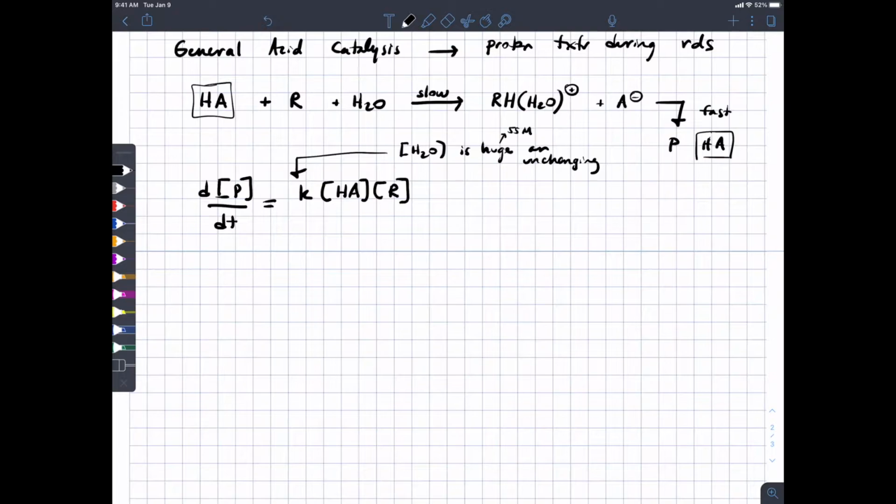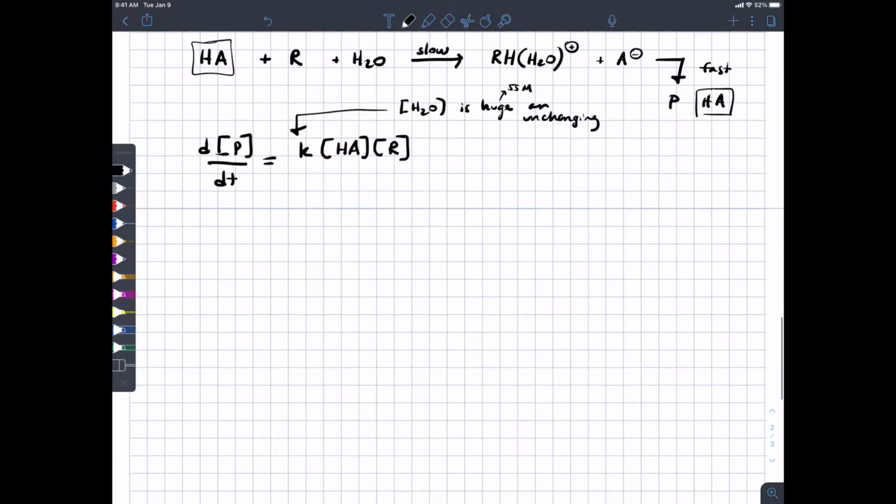So in this case, because the acid concentration itself is in the rate law, you would see that as I increase acid concentration, the rate goes up.